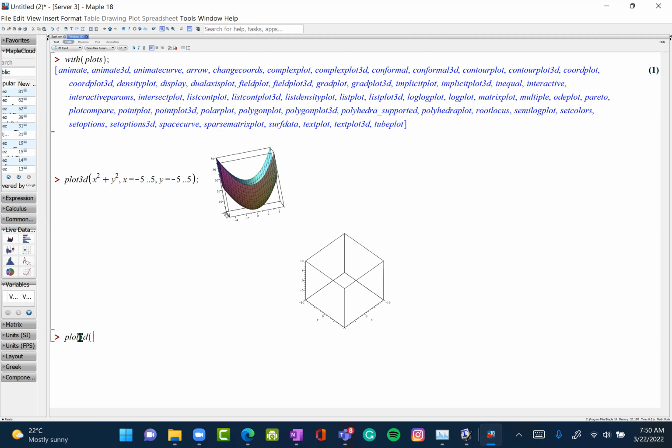Let's see what's what to be. So instead of just x squared plus y squared, you put a square root. So square root of x squared plus y squared. So let's see what's the difference. So x from -5 to 5 and y from -5 to 5. Sorry, this should be here.